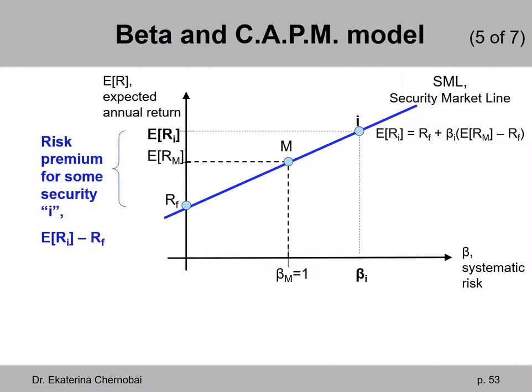And for any other company, so let's say we have point i somewhere higher up beyond point M for the market portfolio, we can calculate its risk premium by looking at the difference in percent between the expected return for that company's stock and the risk-free rate.